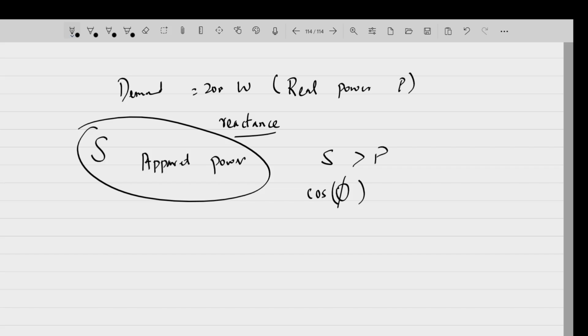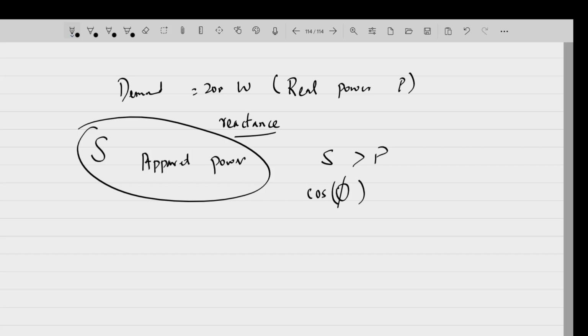ठीक है, say for example, if all of the reactance in your system is equal to 0, ठीक है. But कुछ थोड़ी बहुत reactance होती है हर किसी system में.